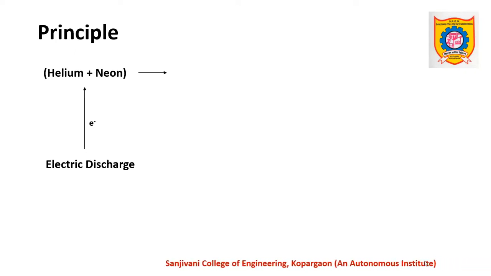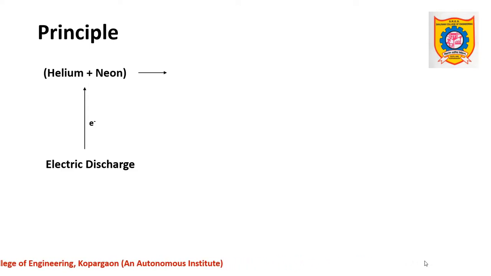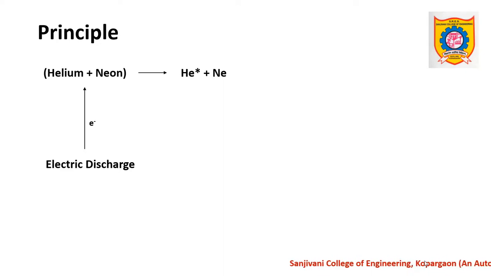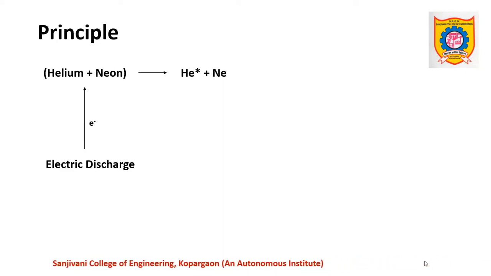So the mixture is having greater concentration of helium. Thus, when energetic electrons are passed through the mixture in the tube, helium is excited and neon remains in the ground state. So as the energy levels of helium is less and it is greater in proportion, there are more chances to have excitation of helium.